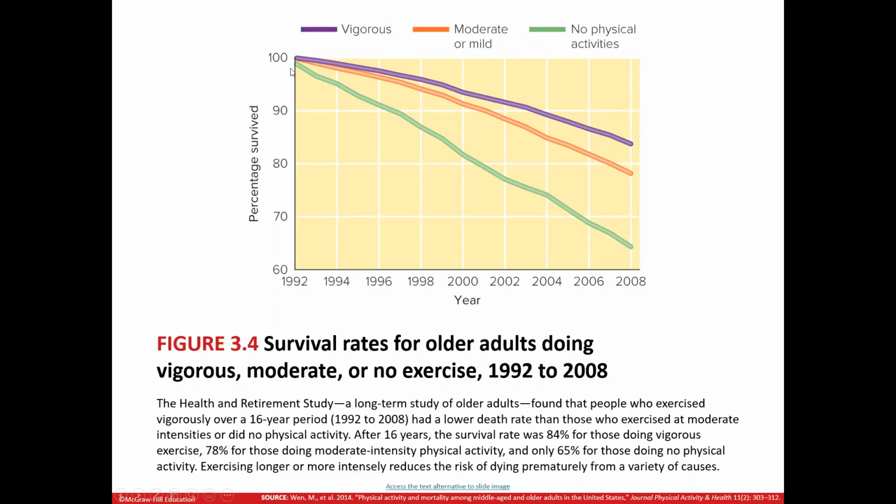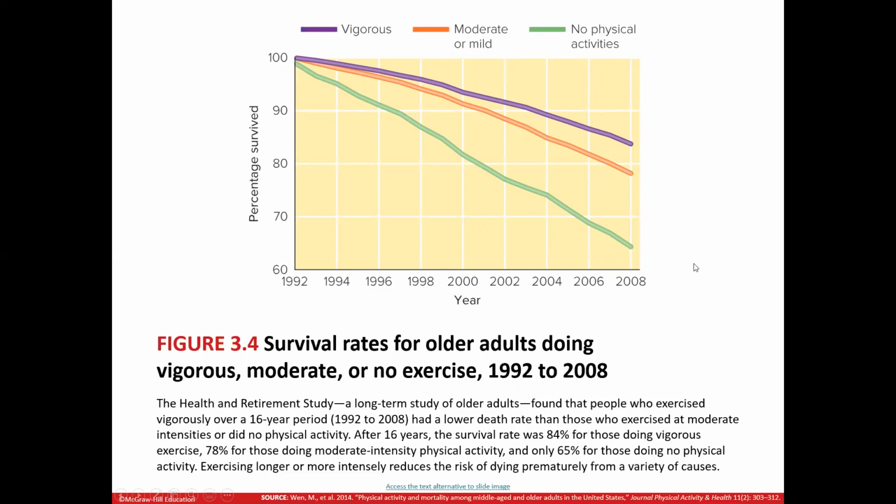And then moderate or mild, they are below 80, 78 maybe. And then people who did no exercise at all died around 63, I would say, in 2008.